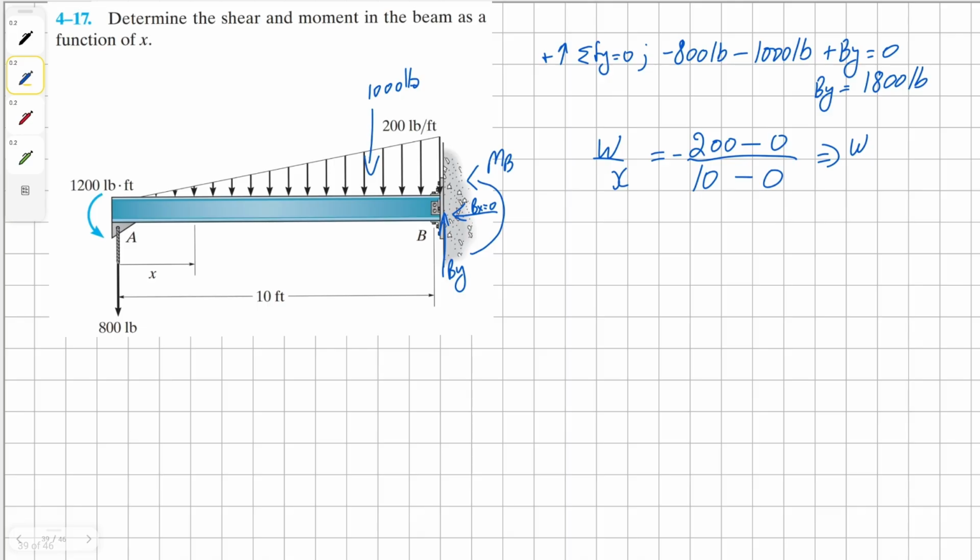Simplifying this equation for our load, we're going to have our solution as negative 20x, and this is going to be in pounds per foot.